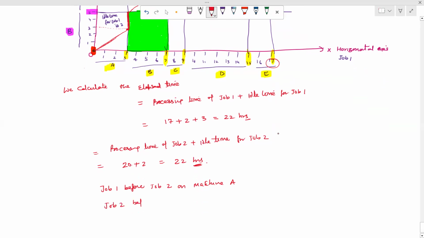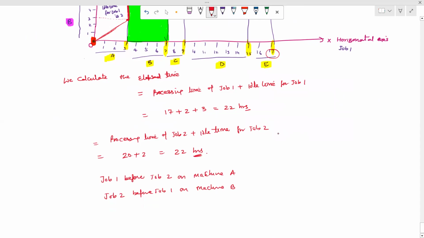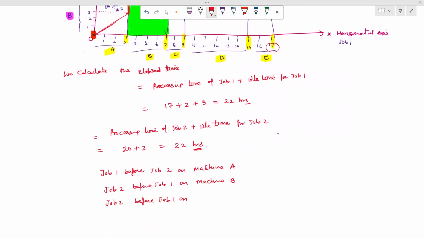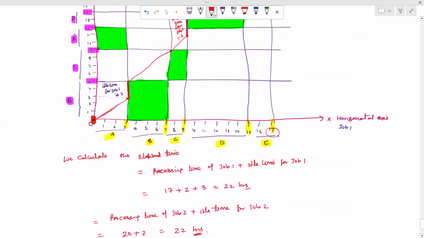Job 2 before job 1 on machine B, on the basis of the graph. And job 2 before job 1 on machine C.